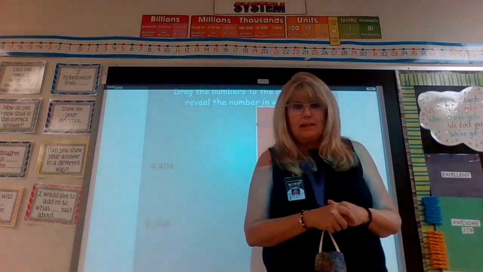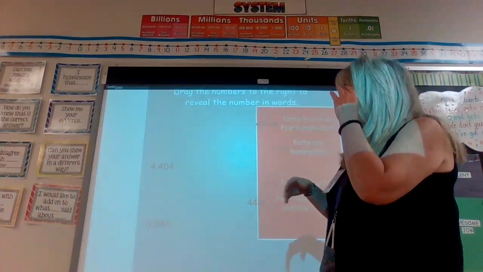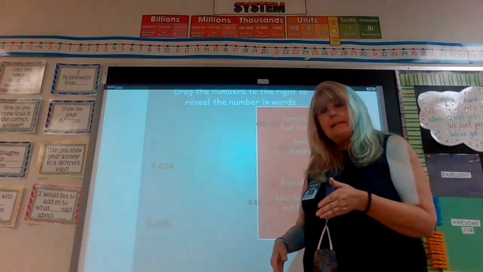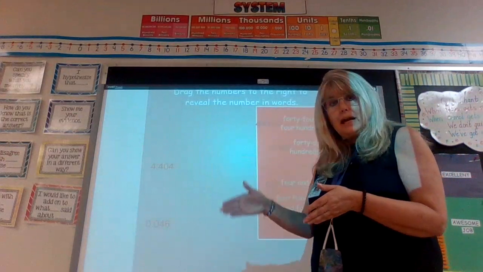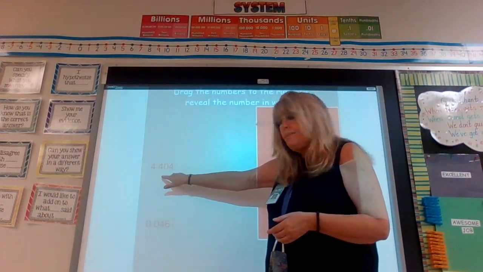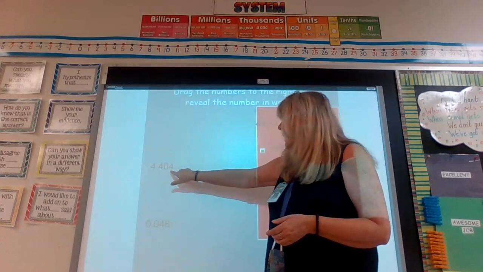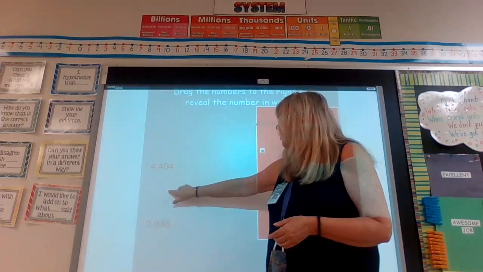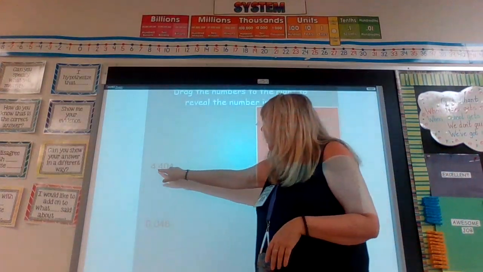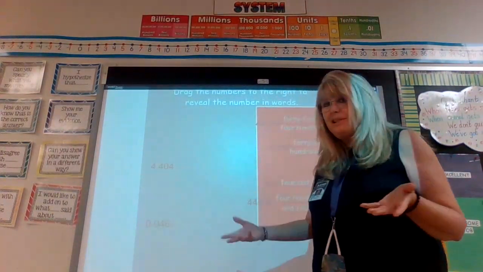Okay, now let's go back and look at the challenging ones. Remember Miss Witt told you that it was a mirror image? So you had tenths, hundreds, thousands. Well, it's the same way: tenths, hundredths, thousandths. So your whole number is pretty easy. It's 4. So you've got 4 and, well, when I look at that, what is that number?